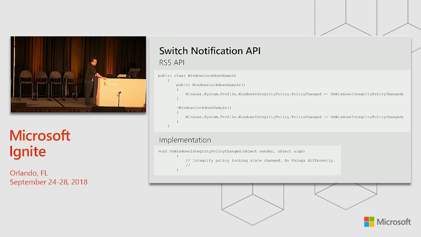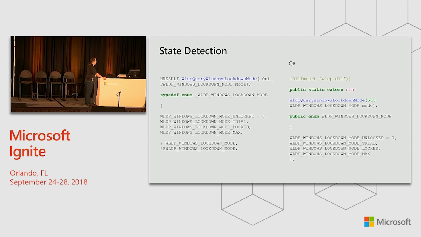This is also documented now, and the documentation is live. And for state detection, we have examples in both C and C# where you can incorporate into your installers a way of targeting an S mode device through these two APIs.